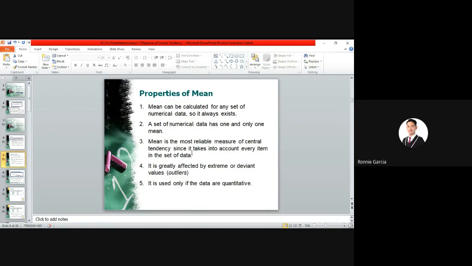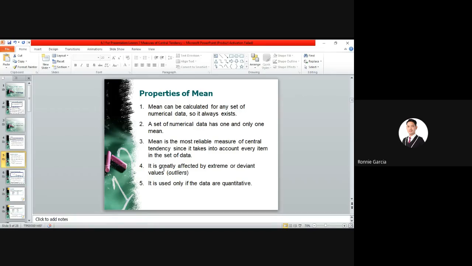Makita na to later kung nagamit ba siya sa other measures of central tendency, kay isa ni siya ka-characteristic nga present lang sa mean. Bawat value naa siya'y kinalaman sa overall outcome sa mean. That is why it is the most reliable measurement of central tendency.